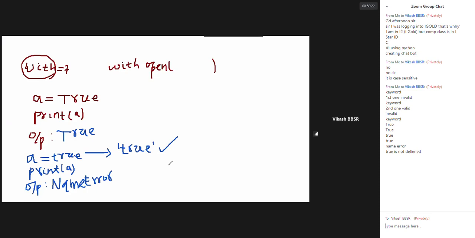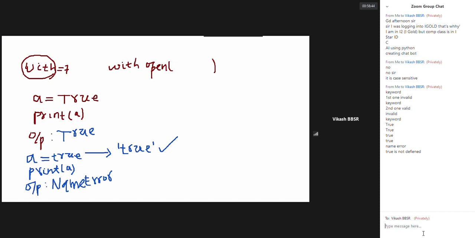If you make it capital T, it becomes a keyword. And if it is small true without any double quote or single quote, just put the quotes, so it becomes a string. Then it is valid.